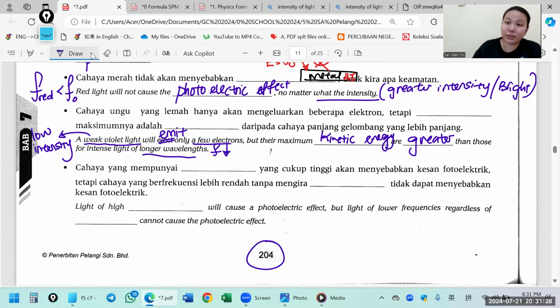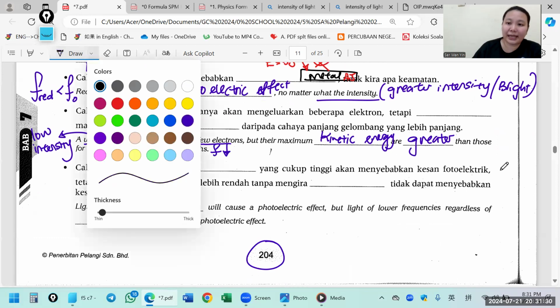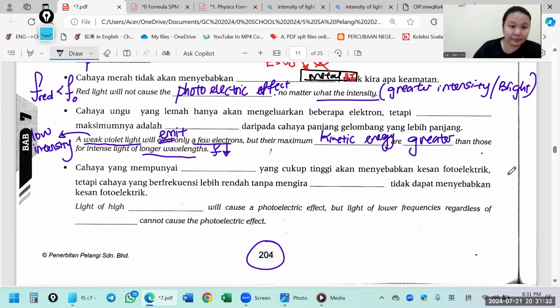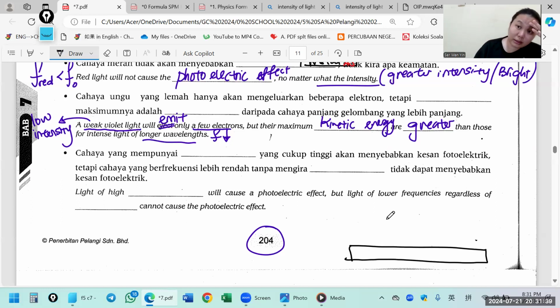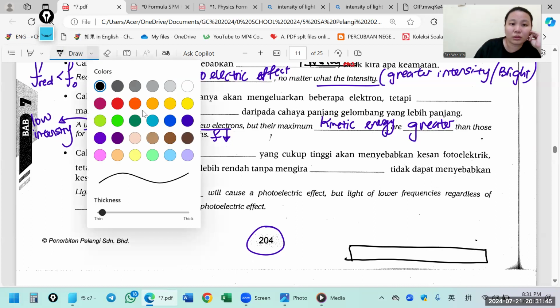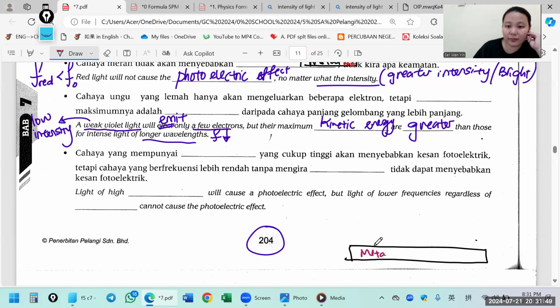So we can represent it by making a diagram in this way. Same thing. Work function. This is a metal. Work function means minimum energy needed to be absorbed to break the bond, which is 4 joules.